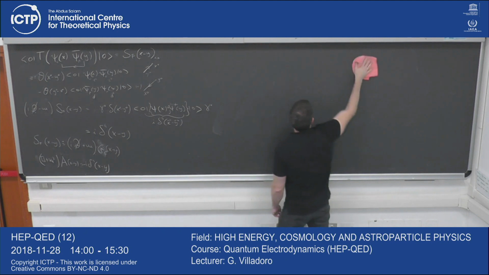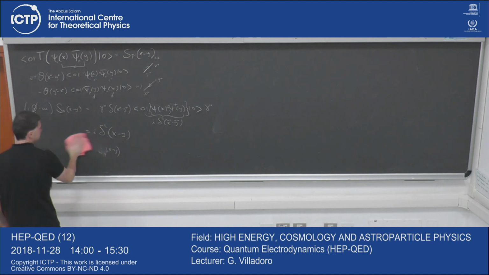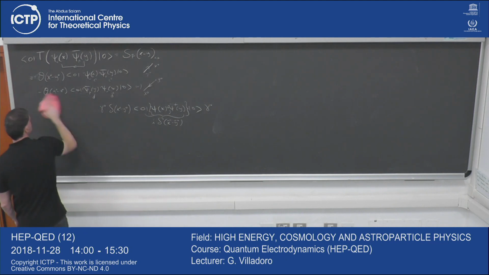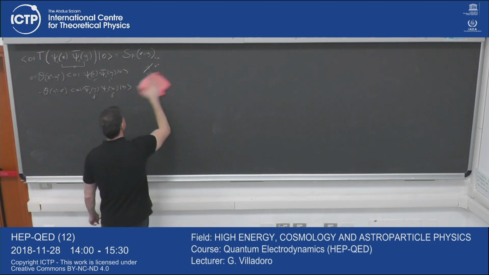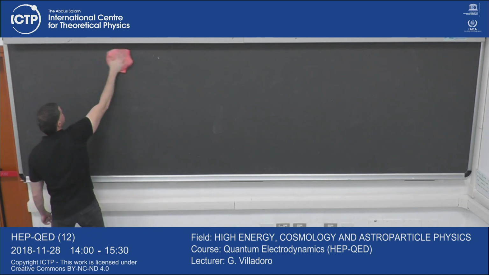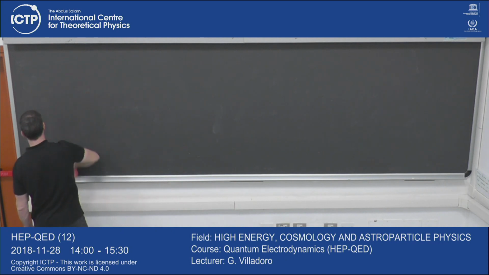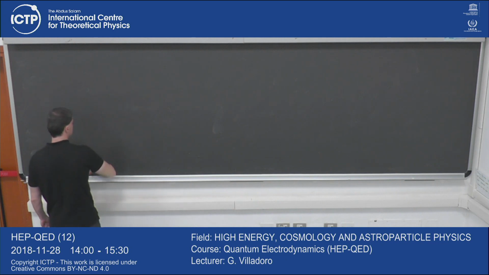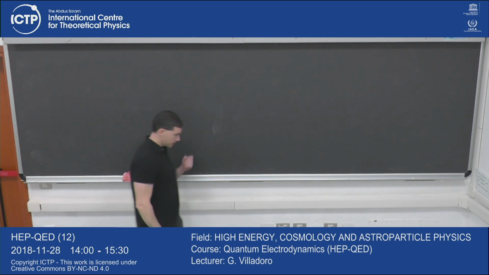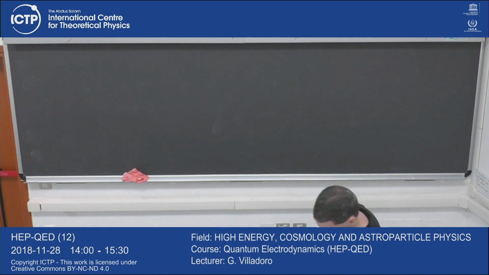Okay, so last topic, discrete symmetries. As we will see, there are three relevant discrete symmetries we're going to consider, mostly for the fermionic Dirac field. We'll start with the first.